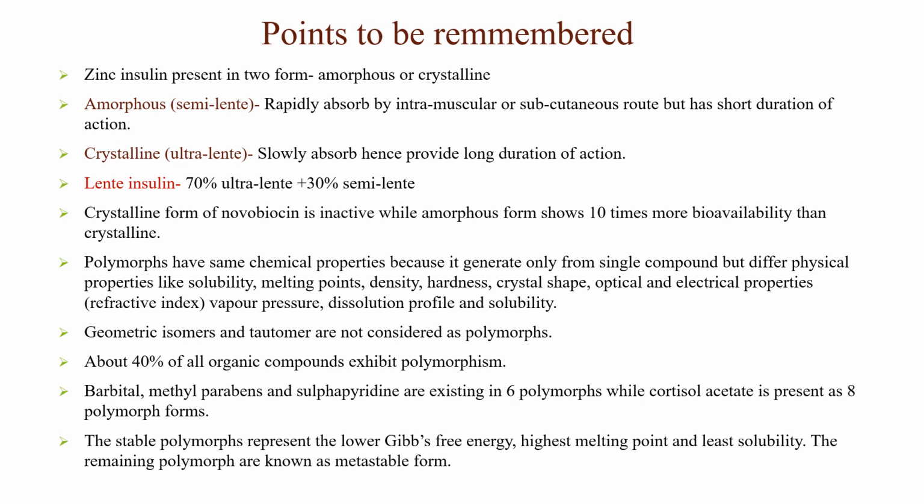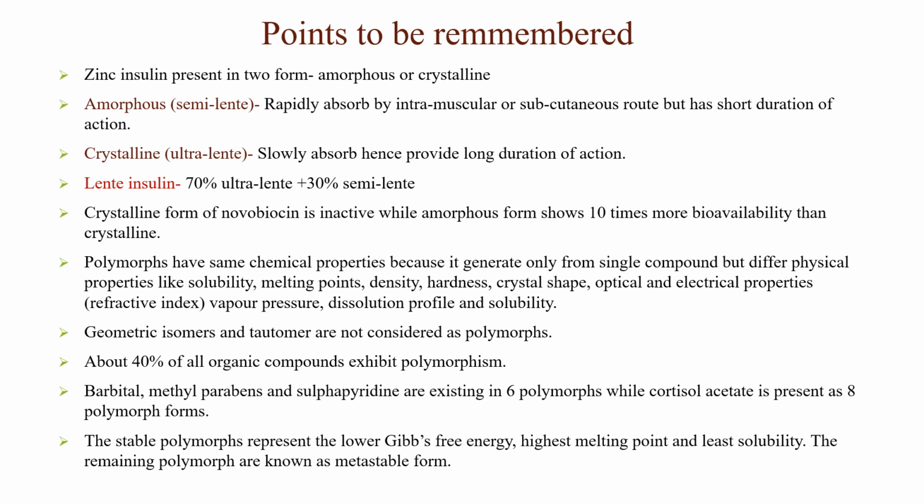What is lente insulin? It contains 70% of ultra-lente, meaning the properties of the crystalline form, and 30% of semi-lente, meaning the properties of the amorphous form. So here we can get both the advantages. As we need rapid absorption and also long duration of action, the lente insulin shows both of them.